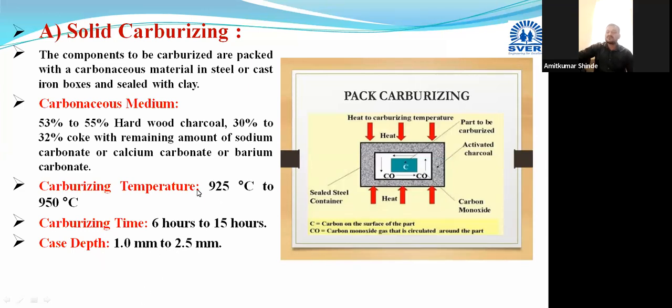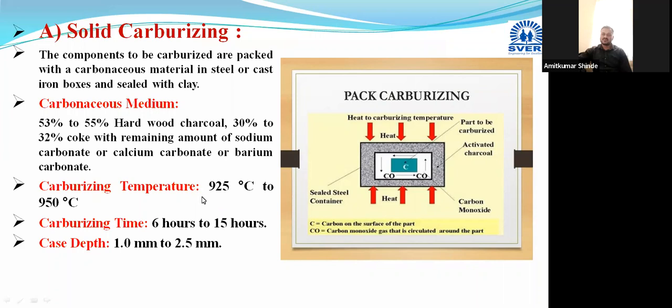But we cannot use higher temperature ranges because it results in grain coarsening, and decarburization and oxidation are more at higher temperatures. Hence, we cannot use higher temperature zones for heating.